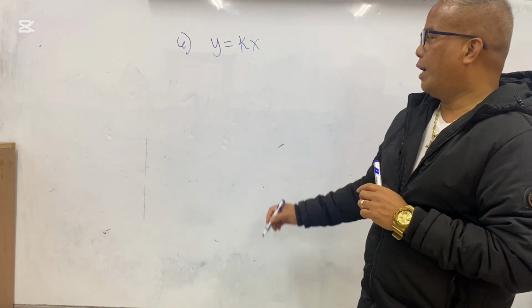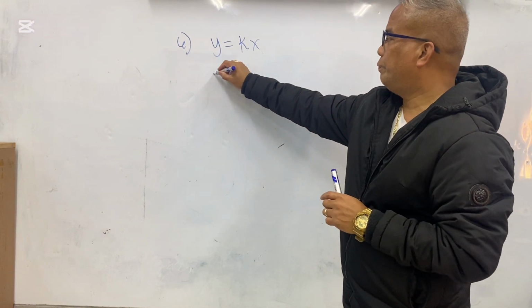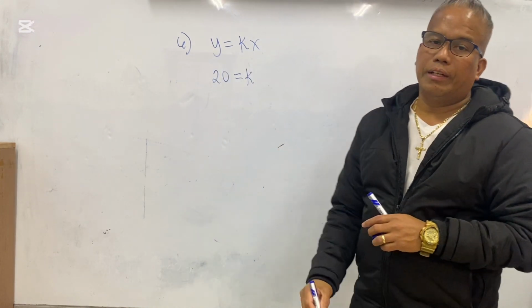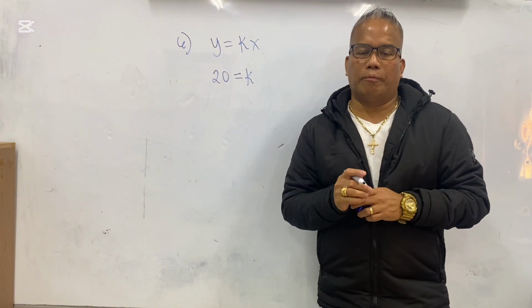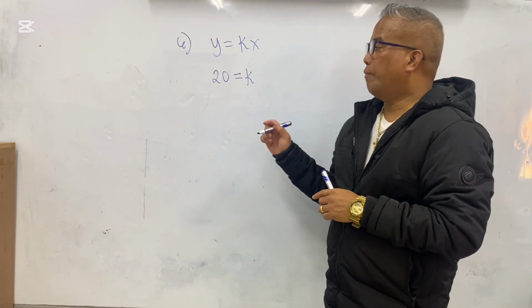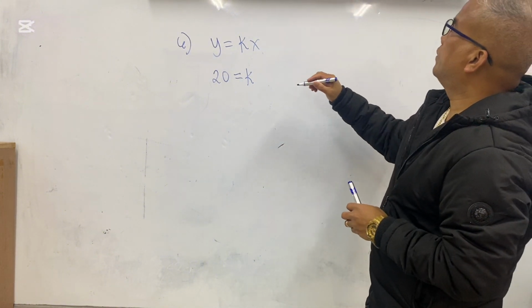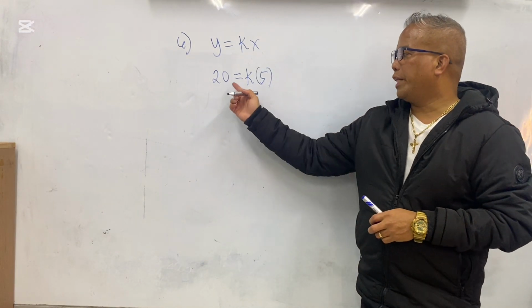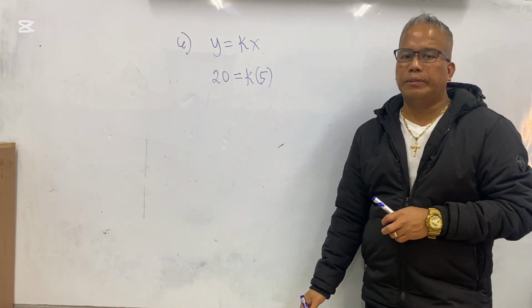So the value of y is equal to 20. Then we're looking for the value of k. So the value of x here is 5. So we have now 20 equals k times 5.